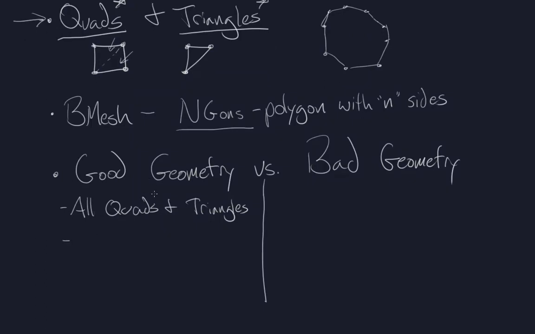If it's something you're going to be using subdivision surfaces on, try to make it as many quads as you possibly can. Next, another part of what I consider to be good geometry most of the time is nice topology. Like I said, these are all rules that you can break if you absolutely have to, but just know about them first.